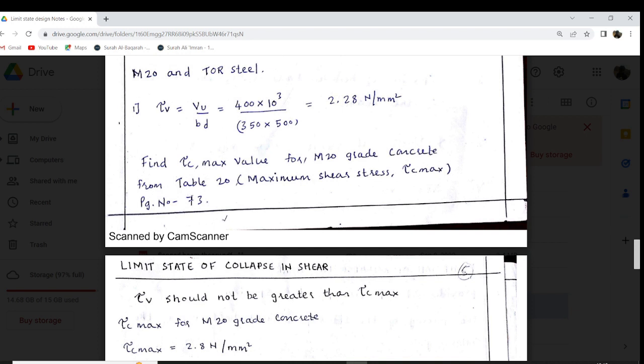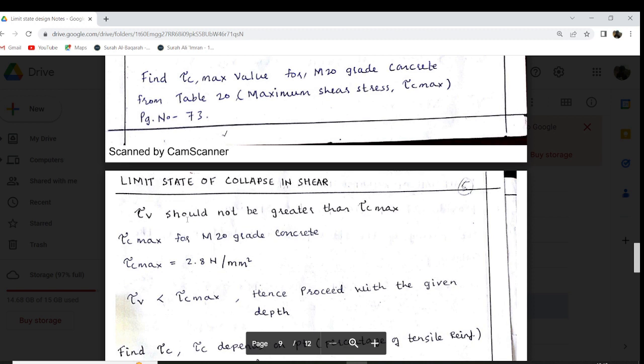So we also have to find tau c max value. It depends on grade of concrete, from table number 20, page number 73. Okay, so you see, tau v should not be greater than tau c max in any case. If it is greater, we have to increase the depth of the beam.